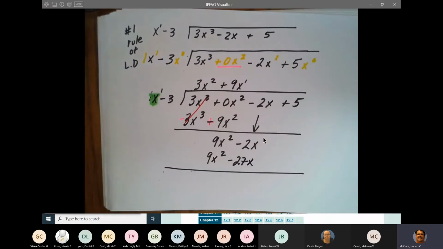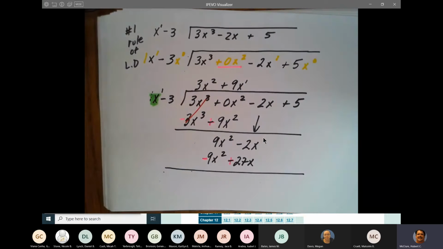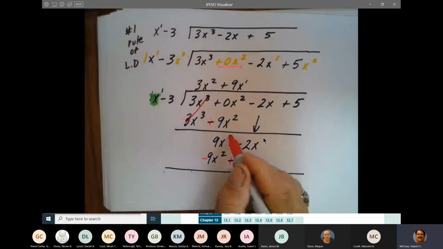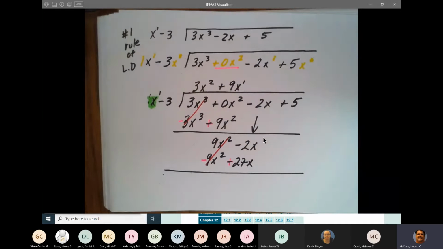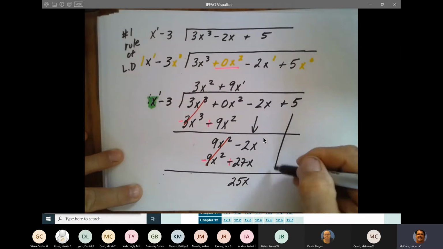We always subtract, so that would make this a negative and make this a positive. The one on the left always cancels. And negative 2 plus 27 is 25x. And the 5 comes down to help out.